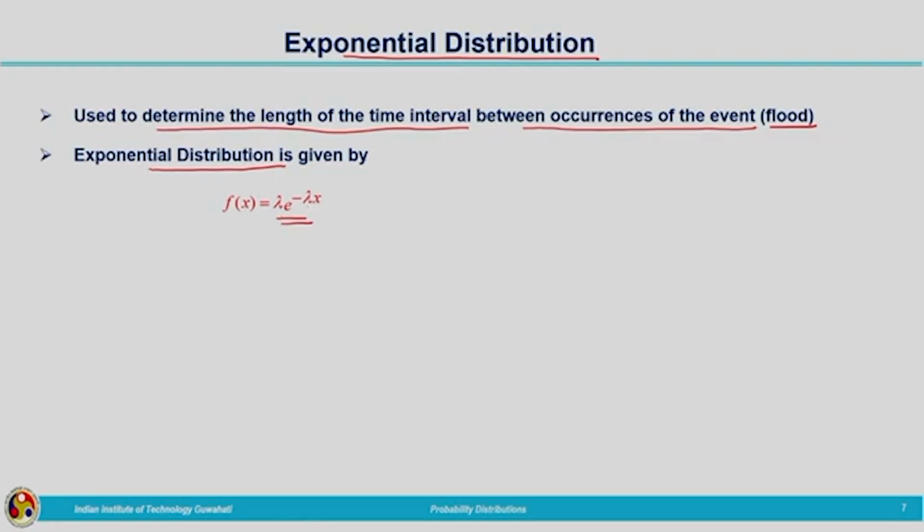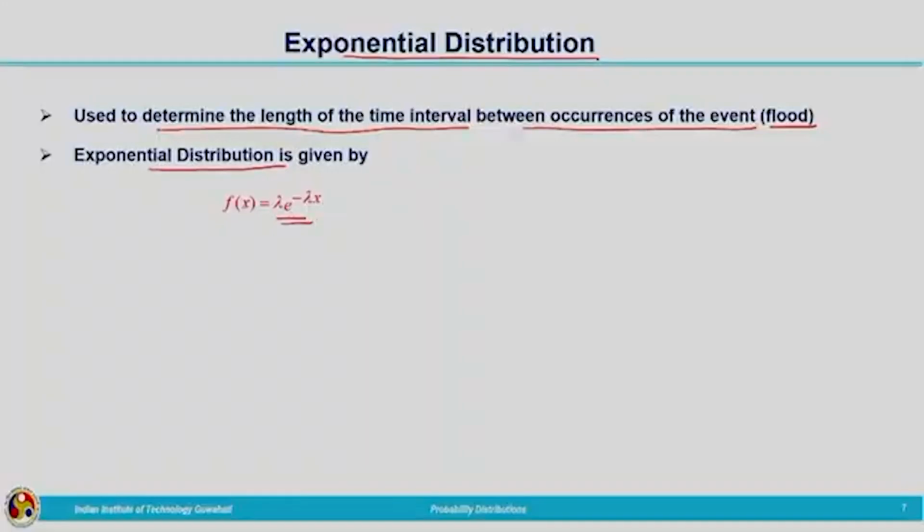Since this is for a continuous random variable, we will be expressing it by means of the probability density function. Probability density function is expressed as small f of x. That probability density function corresponding to exponential distribution is given by lambda e raised to minus lambda x.